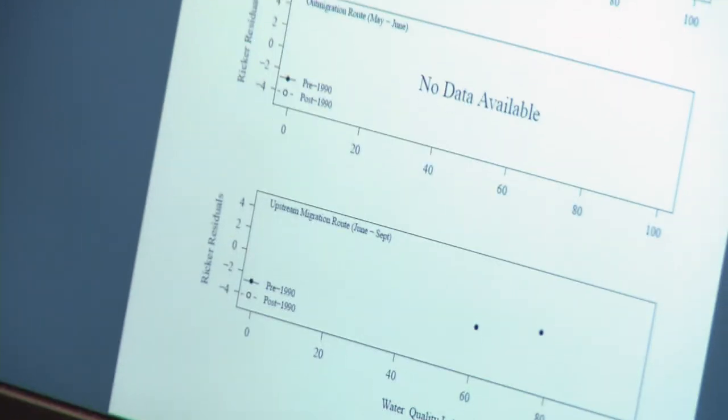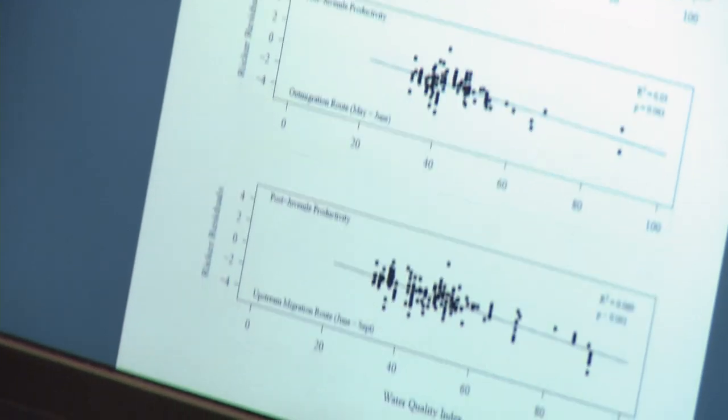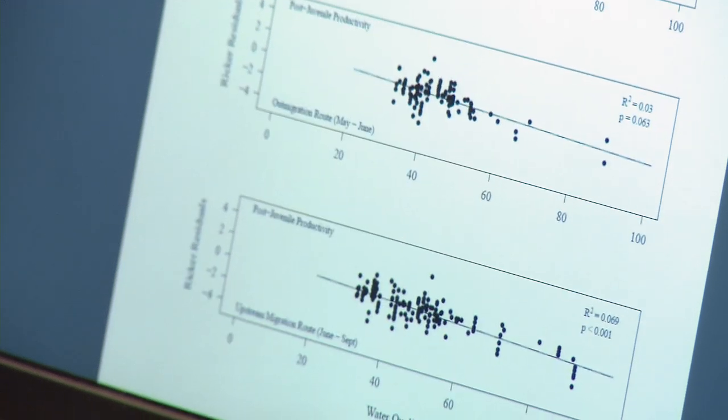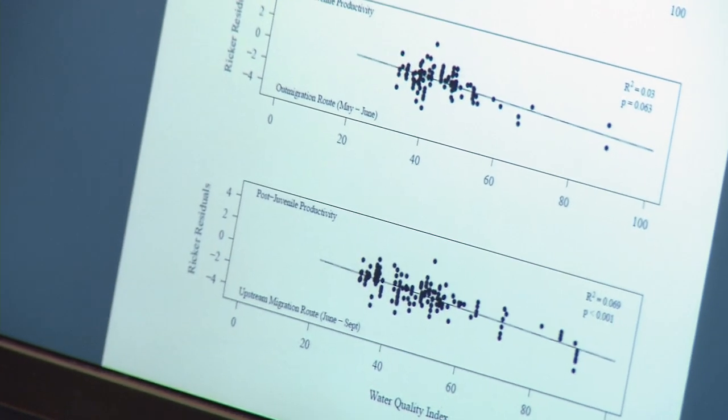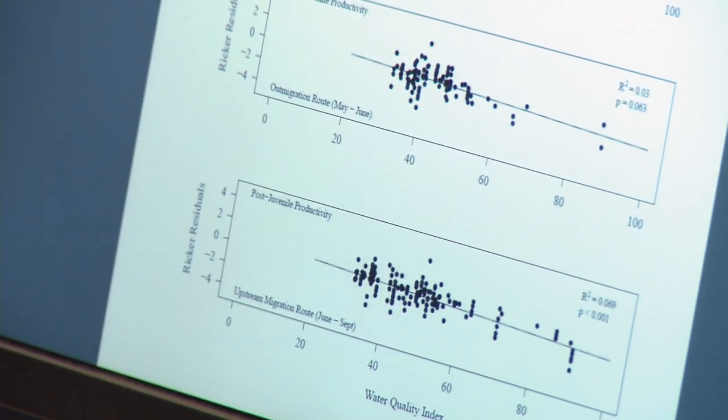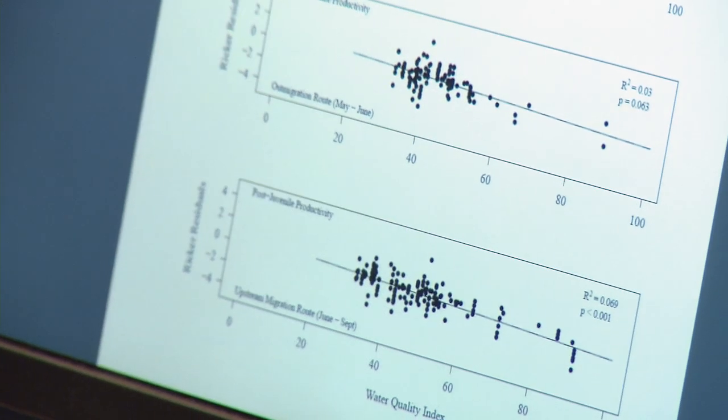If we went to, for example, 5.3, you'll see water quality index versus Ricker residuals for 4 different life stages. The first graph is for the spawning areas, the second graph is for the rearing areas, the third is for out migration of the smolts, and the fourth graph is for upstream migration of the adults.